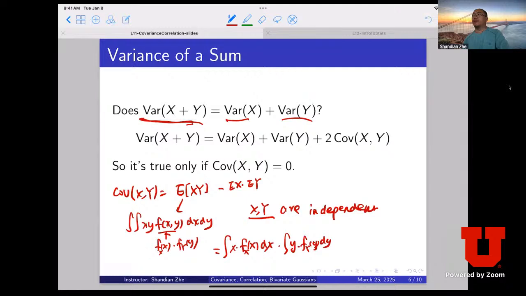The integration of the marginal density of y multiplying y has nothing to do with x, so we can do it first. And for the remaining, you got the integration for x times the marginal density of x, which has nothing to do with y. That's why you can use the associative law, do the integrations first and multiply together. So what does this term mean?